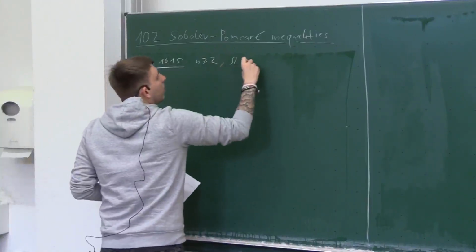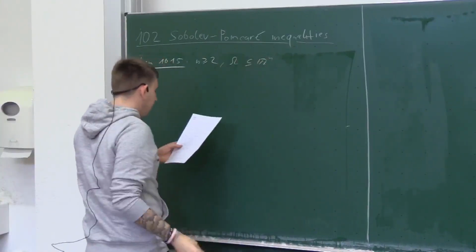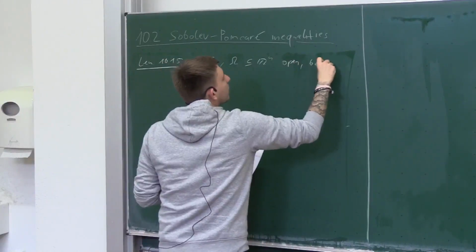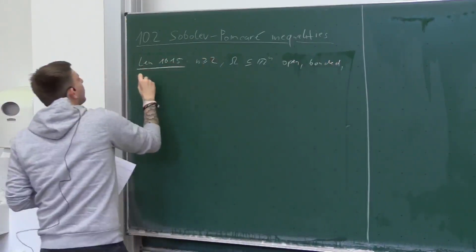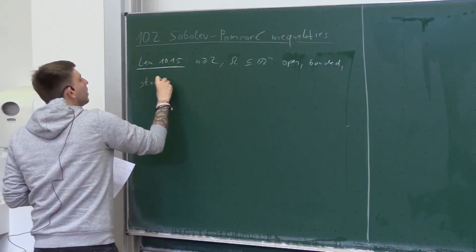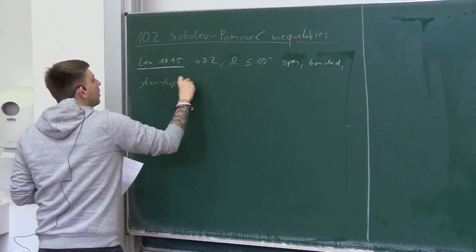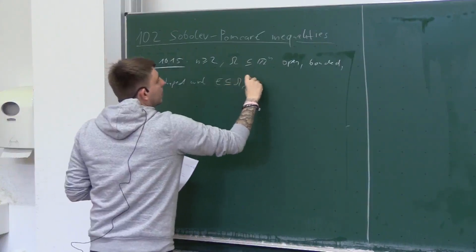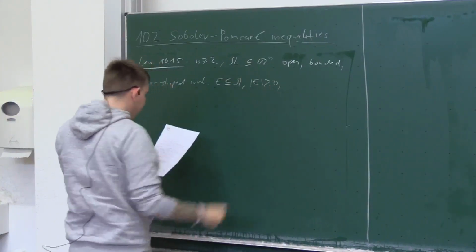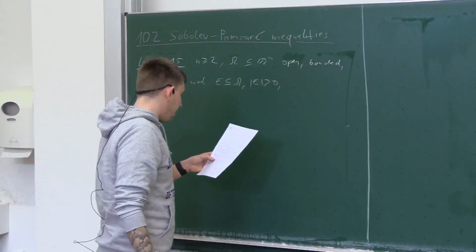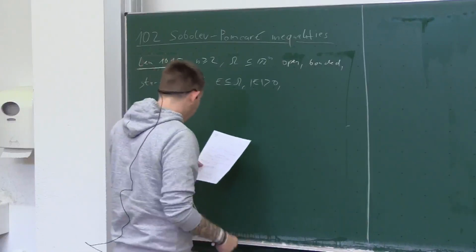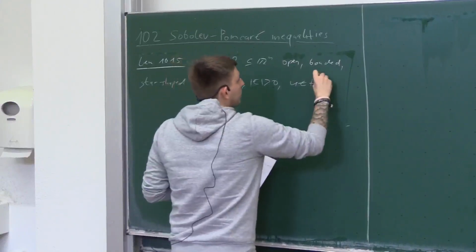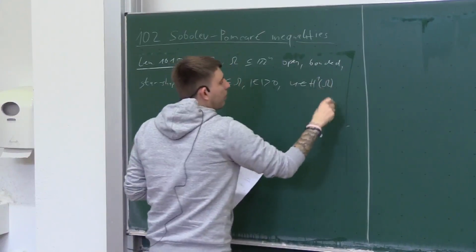We take as before omega in R^n, open, bounded, star-shaped with respect to some set E of positive measure. And we take u in H^1(omega).